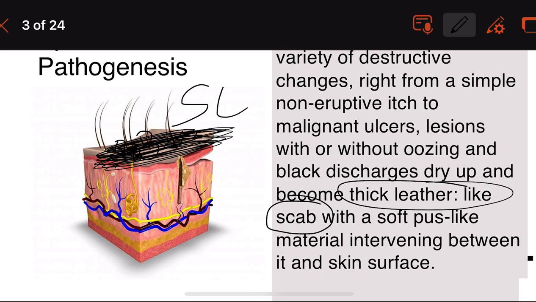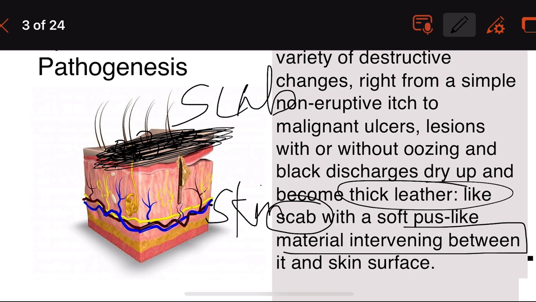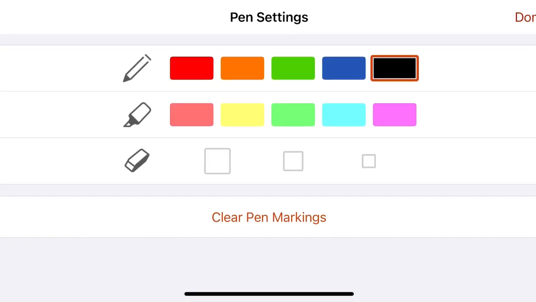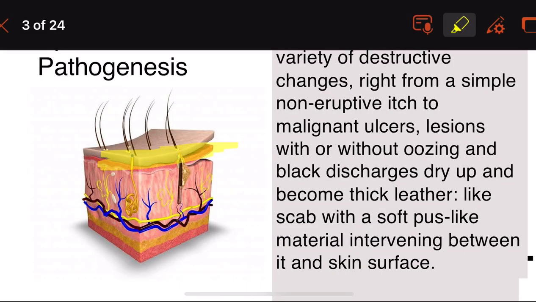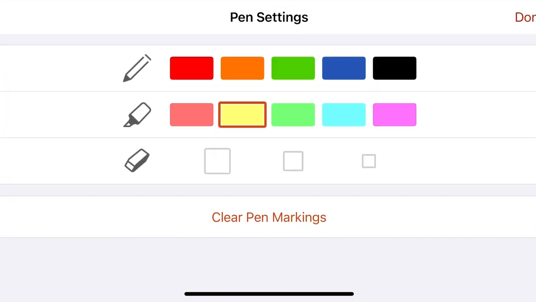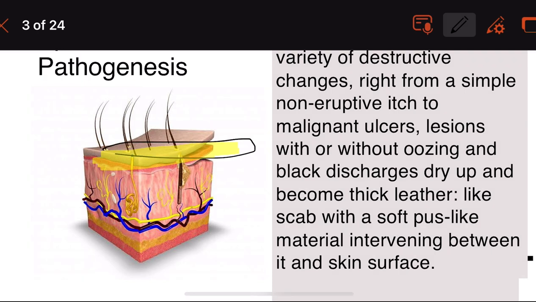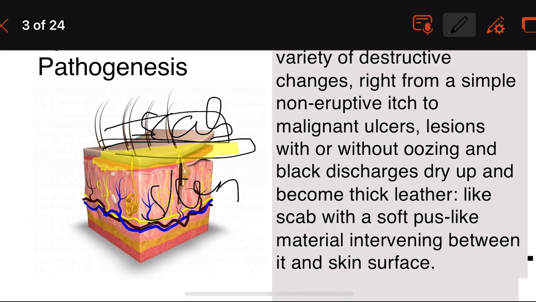So this is the scab and this is our skin. Within the scab, the material intervening between the scab and the skin is a soft pus. You can read here what they are saying.